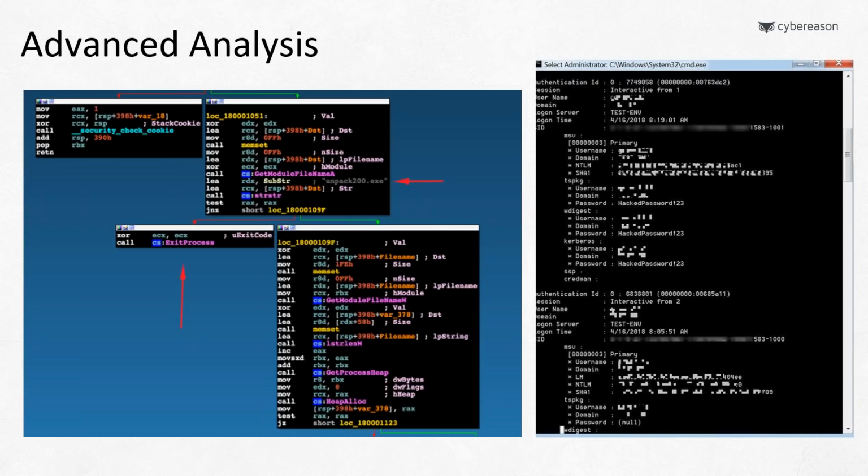Now, looking further into this DLL and doing a bit of reverse engineering, we could also find another interesting piece. As you can see on the left-hand side of the screen, we found a condition within it that says that if it's not being run by unpack200.exe, it would not do anything, it would just exit.